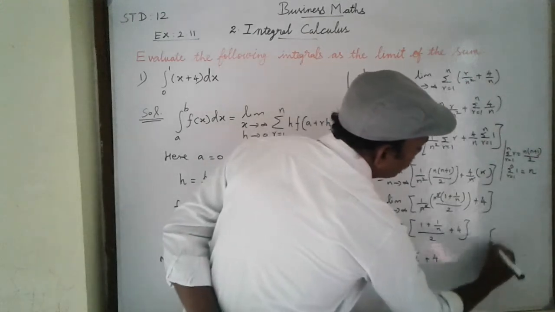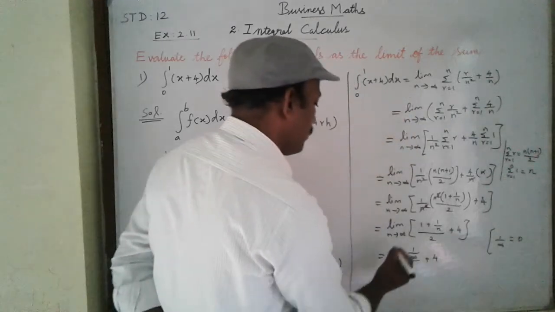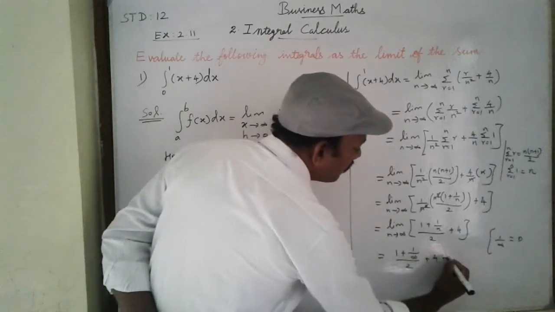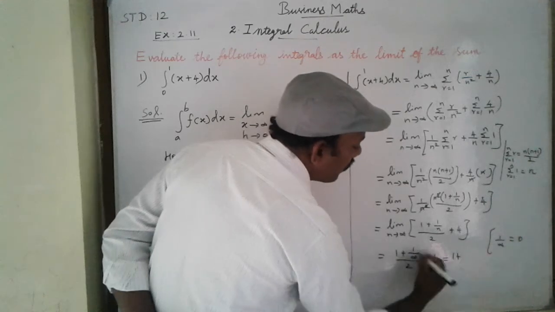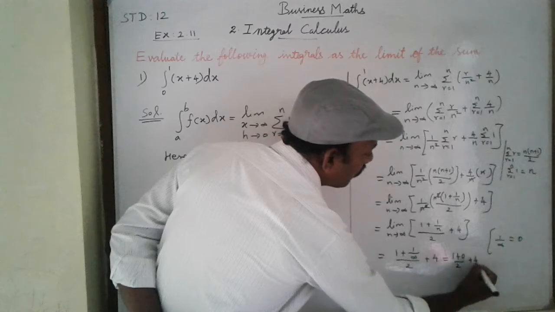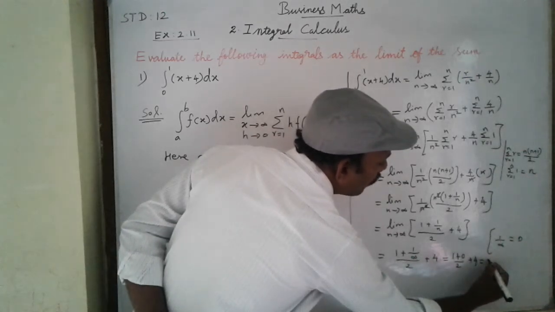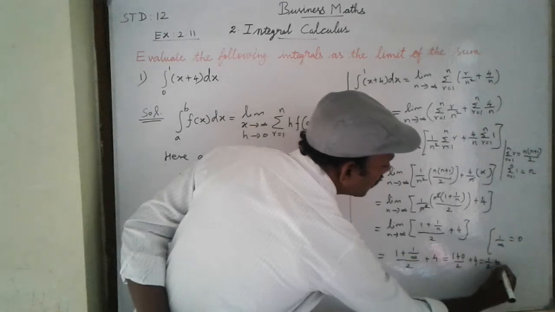We know that 1 divided by infinity is equal to 0. Substitute this value here: 1 plus 1 by infinity, value 0, divided by 2 plus 4 equals 1 plus 0 is 1 divided by 2 plus 4.